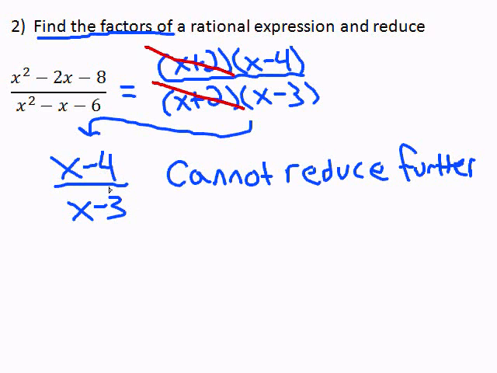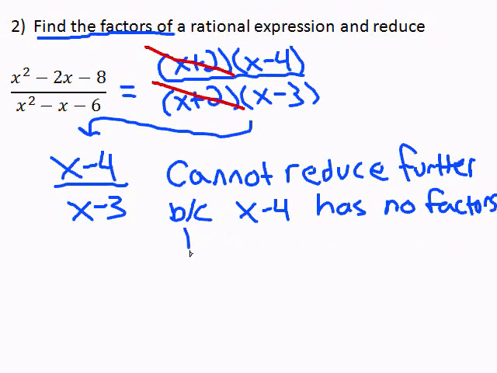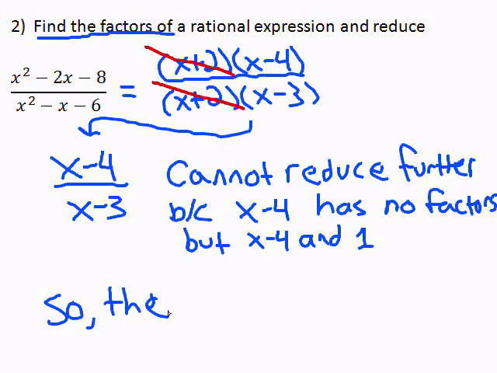The reason we cannot reduce is because x minus 4, that entire expression, because it's the entire numerator, has no factors other than 1. Same way with x minus 3. It has no other factors other than x minus 3 and 1. So that means there are no common factors to cross out.